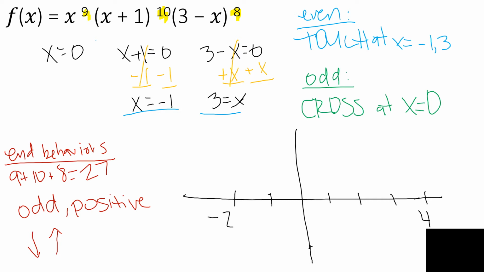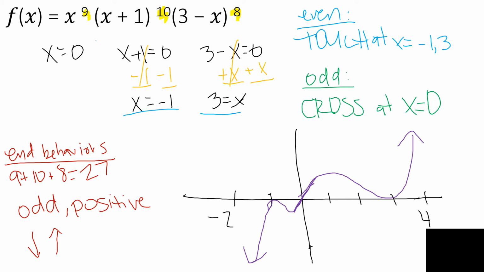And at x equals -1, we're touching, but when we look at our end behavior, we are coming up from a negative. So we're going to touch. We're going to have to dip back down to cross at 0. And then we will touch again at 3 before continuing up in a positive behavior.